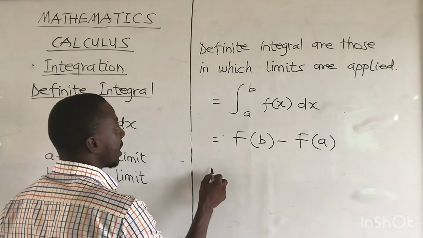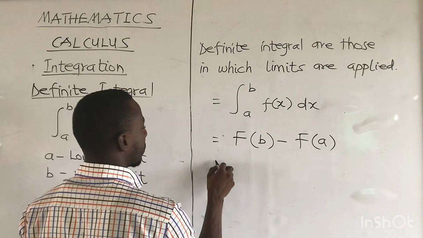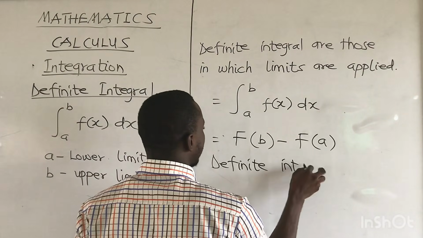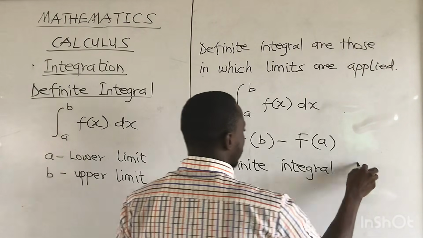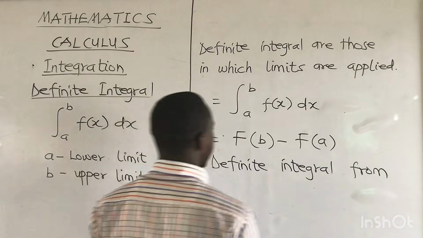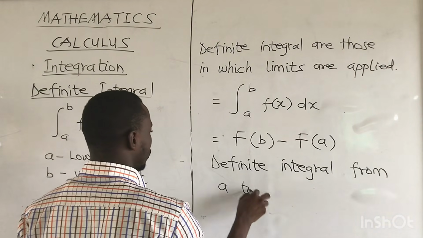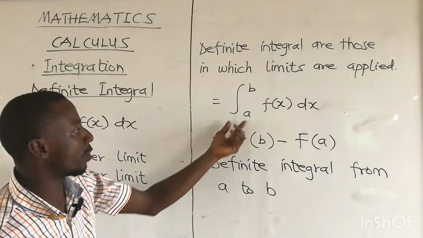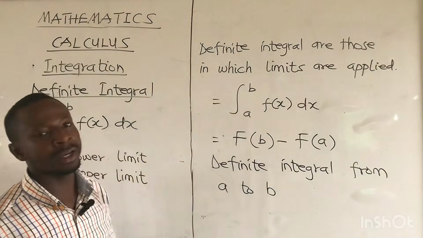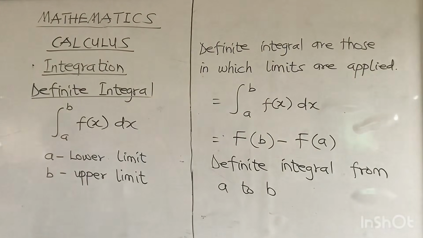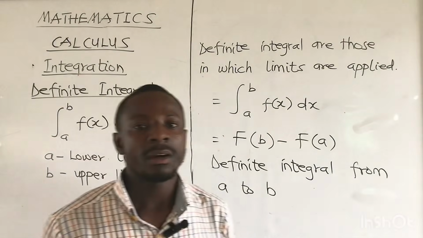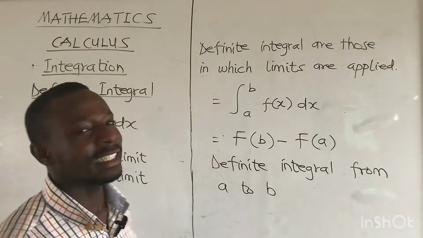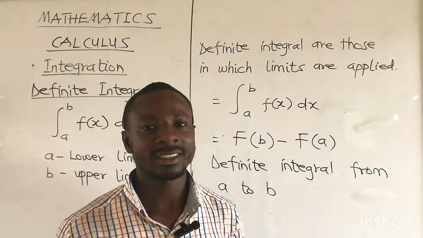So here we can say that definite integral from a to b, because this one is lesser than the one on top. All right, so we are going to look at some examples under the definite integral.